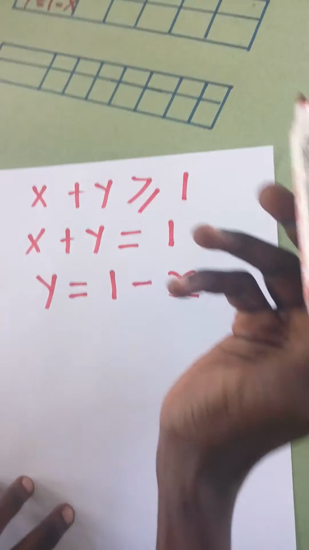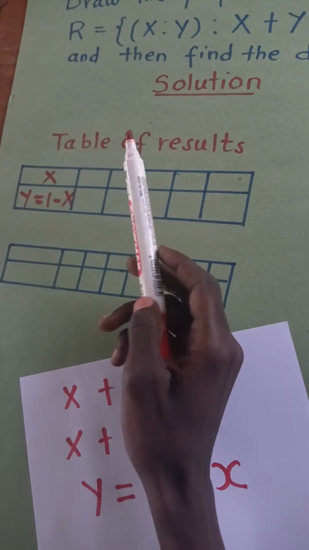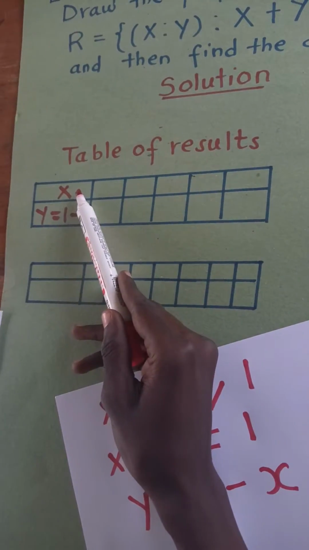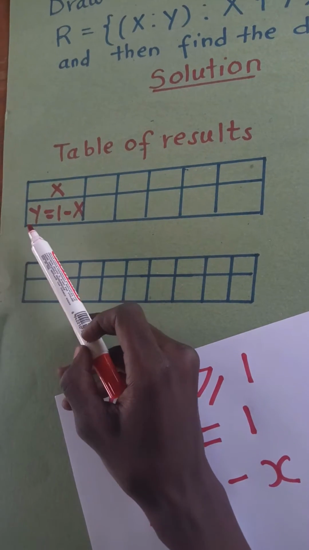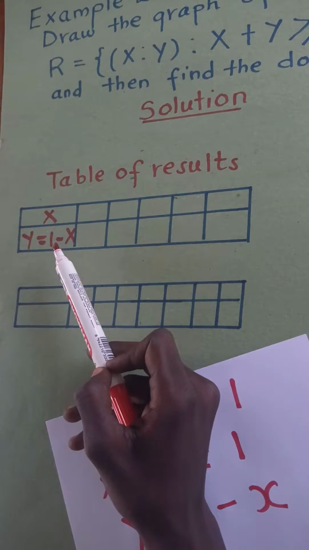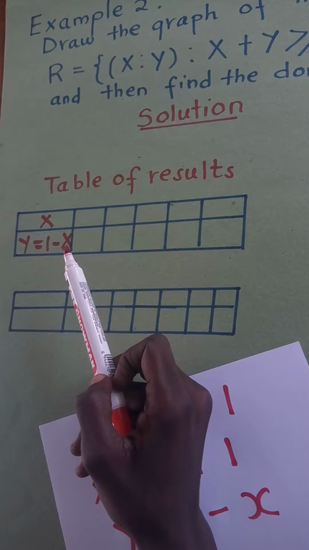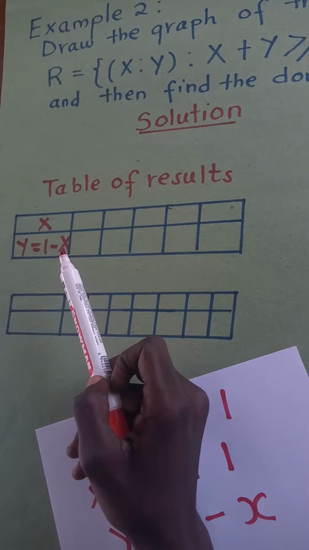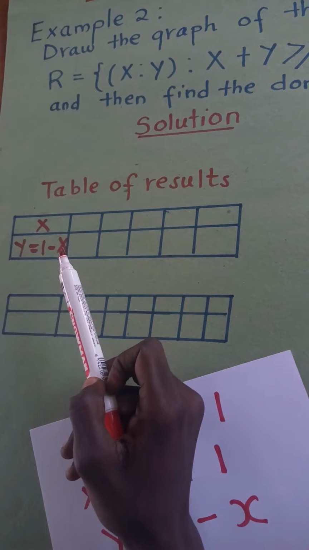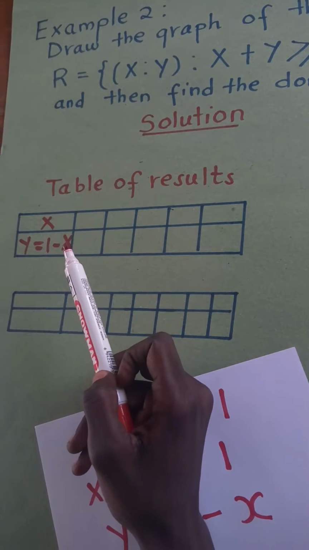So here we have the table of results. This is the column for x. This is the column for y is equal to 1 minus x. We do not have a given for x, so we are going to pick all real numbers from negative numbers to positive numbers.